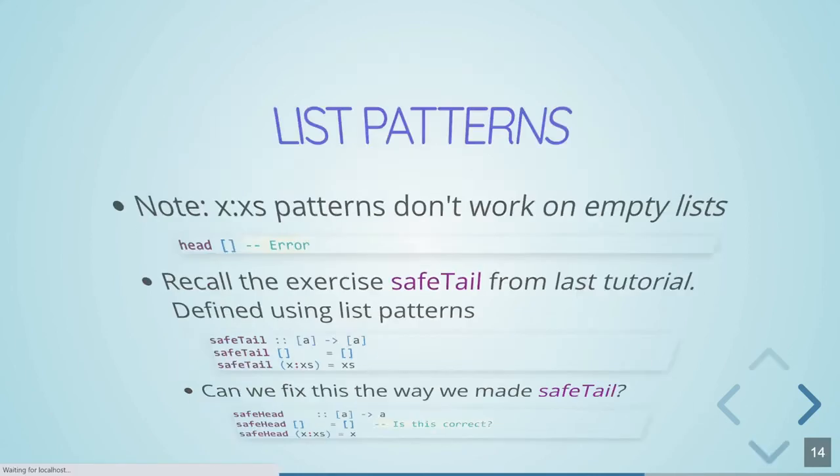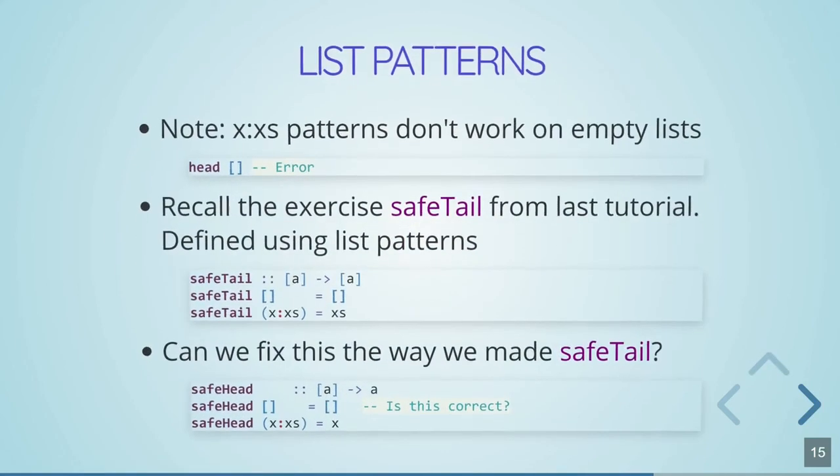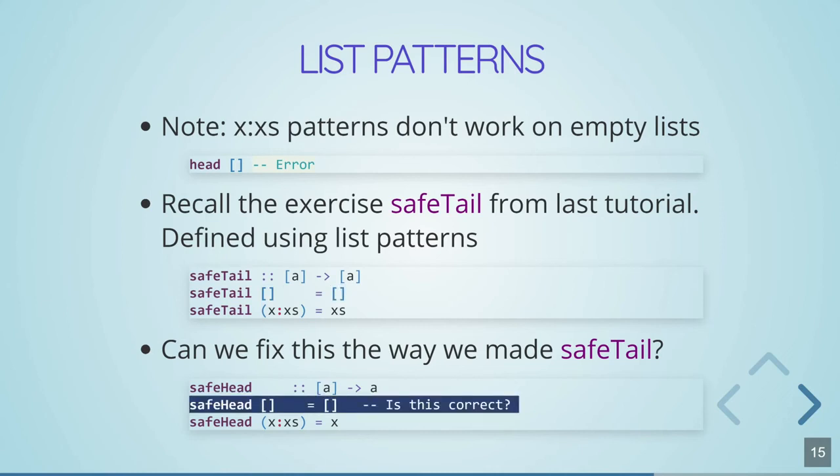Okay, so if we look back at our tail function from before, the proper way to define tail, so that it won't crash if you give it an empty list, is to give it the empty list case and return the empty list here. Now with head, this is a bit trickier, because what do we want to do?